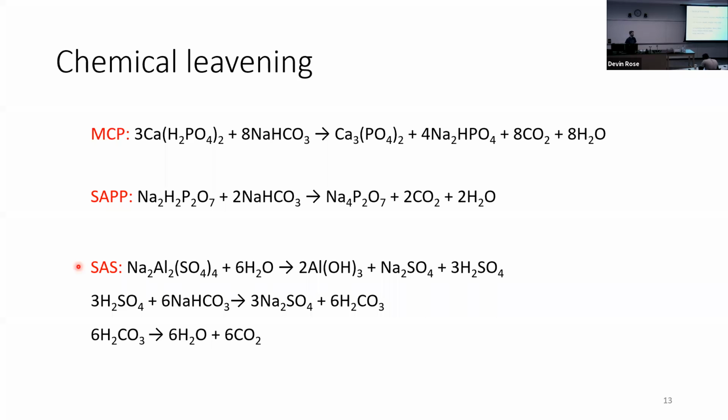SAS, for instance, sodium aluminum sulfate, that one's not an acid at all. And so what happens when you heat it, so this requires heat, then it will be converted to sulfuric acid, which will then react with the baking soda. So a lot of these are difficult to see how they're acids just looking at them.